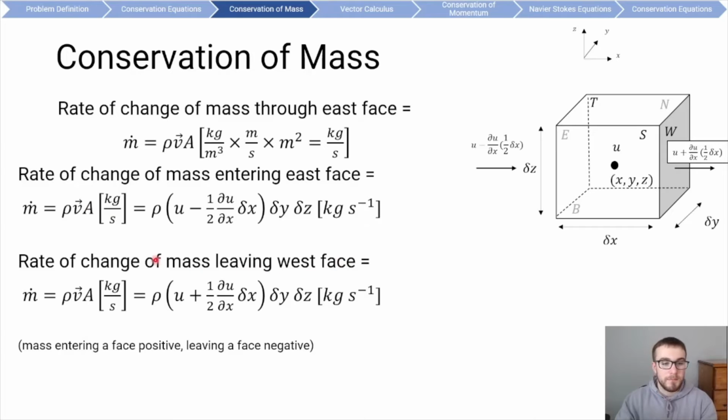And to determine the mass leaving the west face, we follow a similar development where we use u plus partial u partial x this time times a half delta x for our Taylor series expansion. And again, we use the same area, delta z, delta y.